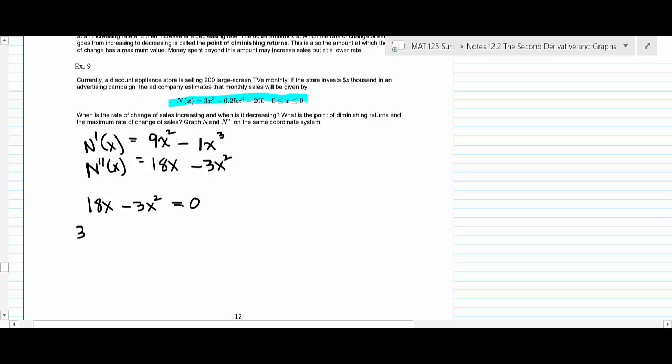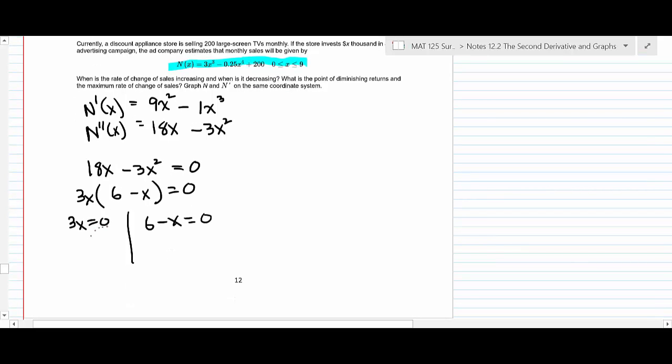It looks like you can take a 3x out, so you'd be left with 6 minus x equal to 0. Now you're going to set each factor to 0, so you'd have 3x equals 0, then you'd have 6 minus x equals 0. So this would give x equals 0, and this one would give x equals 6. You can do that in your head.